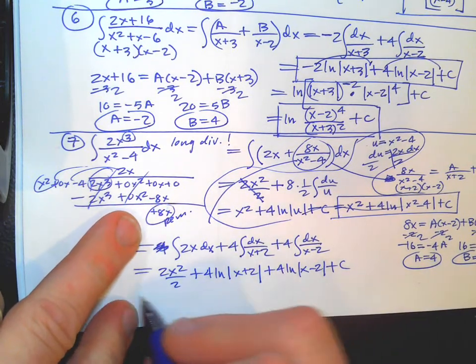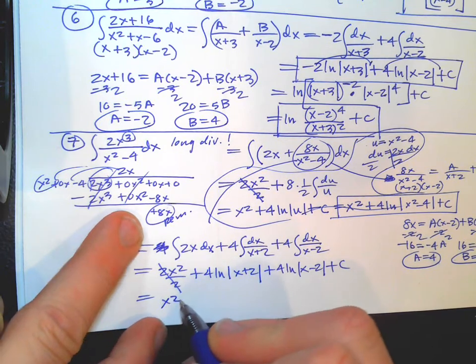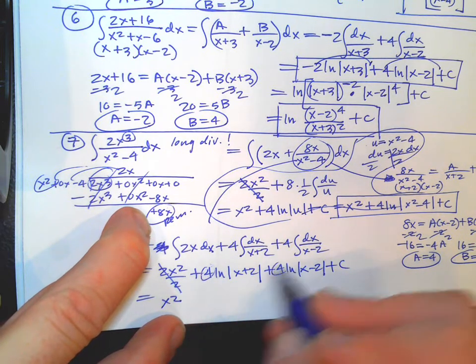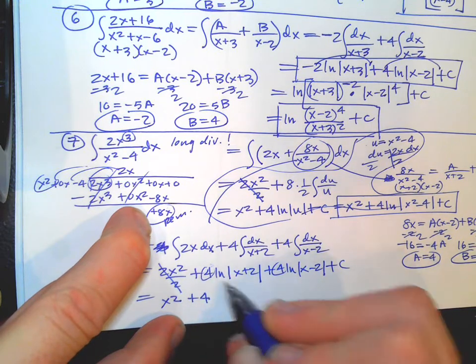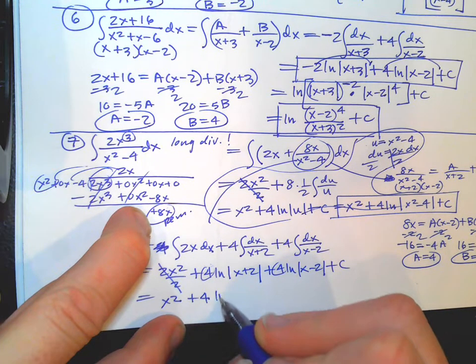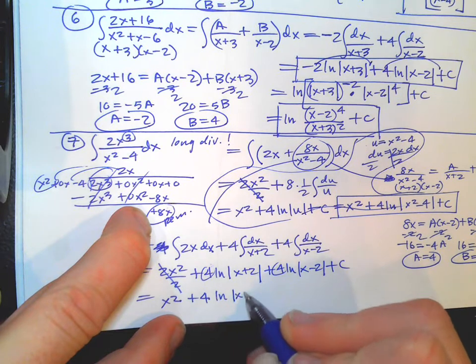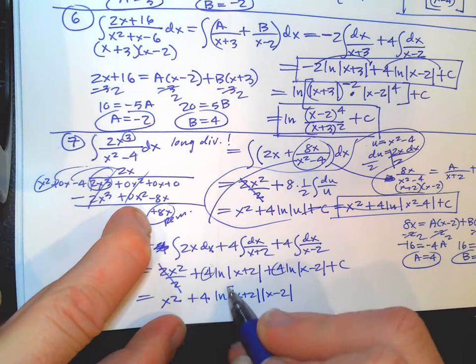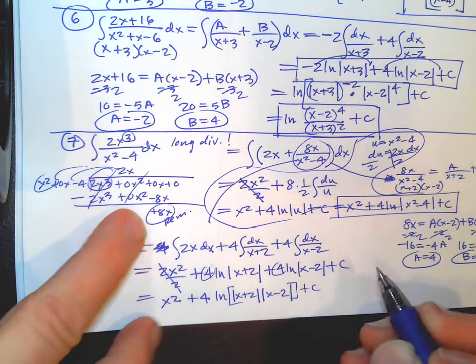So then we could say this is x squared. We could use log rules. Since they both have the same coefficient, we could just factor that out, and then it'd be natural log of (x plus 2)(x minus 2) inside the same natural log.